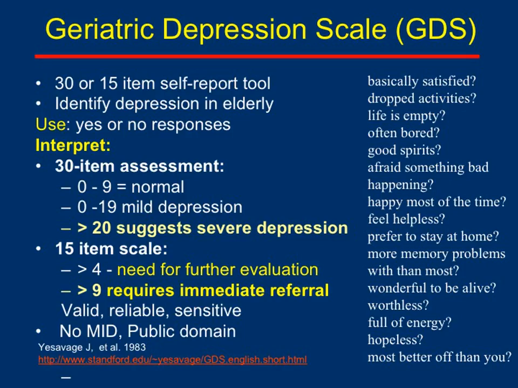Okay, so Geriatric Depression Scale. So this, again, has 2 levels of amount of questions, and I've listed on the right-hand panel the different questions that are asked, or just a kind of a flavor of what's asked. These are yes or no responses, and you can kind of get a sense by looking at these questions. These would probably not be too hard for an elderly person to answer yes or no to.